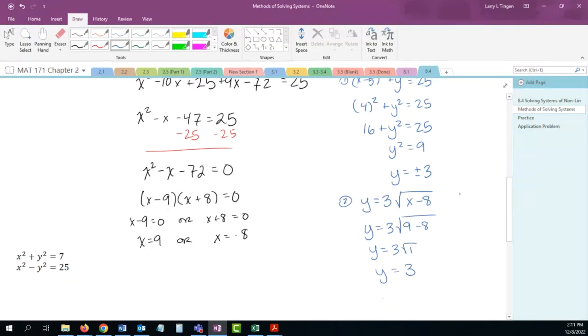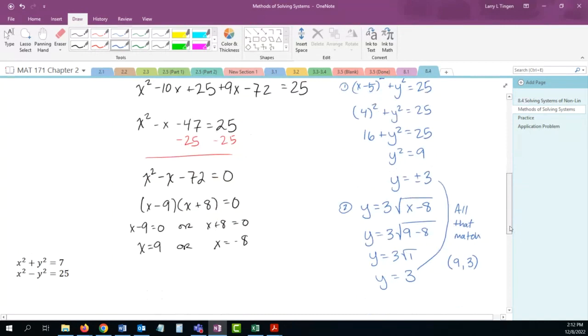So the only value of y that works for us is positive 3. So all that matches. And that makes up the point. We're plugging in 9, 3.